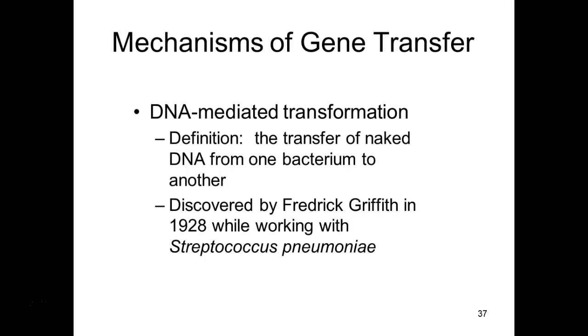And then for some reason, he decided to combine living, non-encapsulated cells with dead encapsulated cells. And he put it in the mouse. Guess what happened to the poor mouse? He died. And when he autopsied the mouse, he got back out bacteria with the capsule.